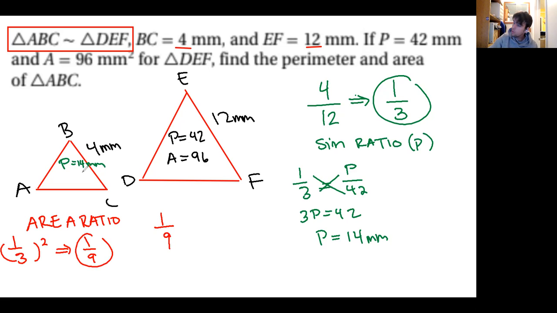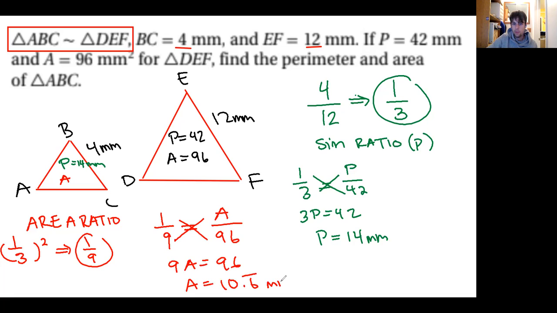Again, the 1 corresponds to the smaller one. The 9 corresponds to the bigger one. So we don't know this area. So this is our unknown. And this one is 96. Cool. Cross multiply. 9A equals 96. 96 divided by 9. So the area of our smaller figure here is 10.6 repeating square millimeters.